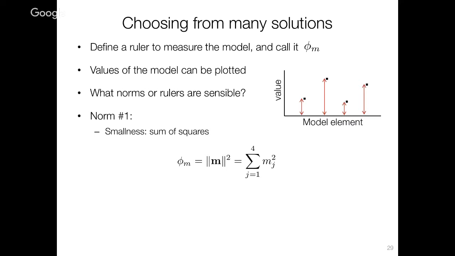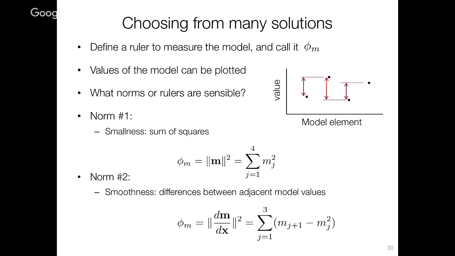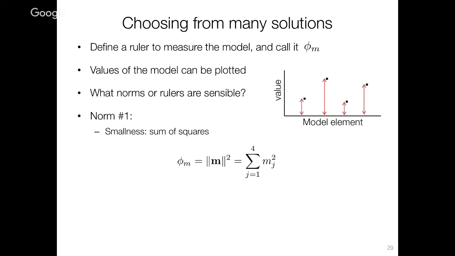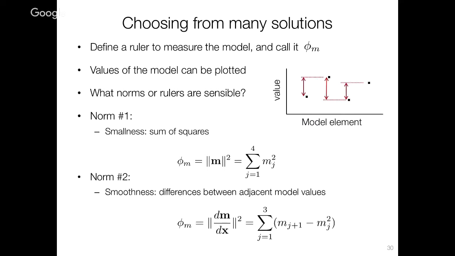So if we just looked at something like this, then that would be one way that we could judge things. That's just looking essentially at the energy. The other possibility is that we could look at the variation of the elements, or try to minimize the distance between successive elements.